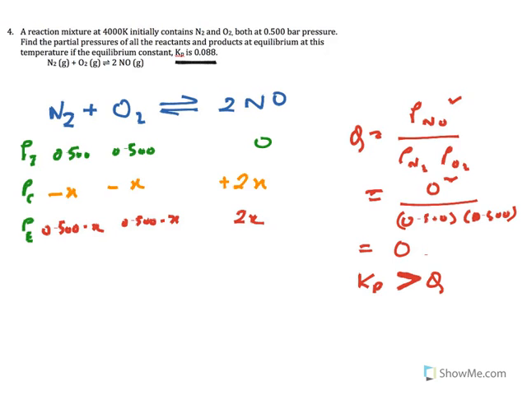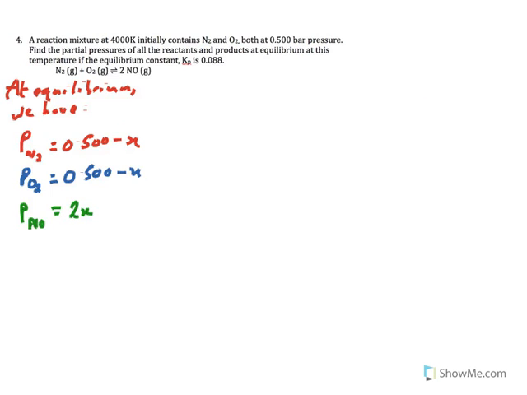Now we know that Kp is equal to 0.088, but we do not know what x is. So we can use this value of Kp to figure out what our x values are. So let us use the equation for Kp to figure out the value of x.